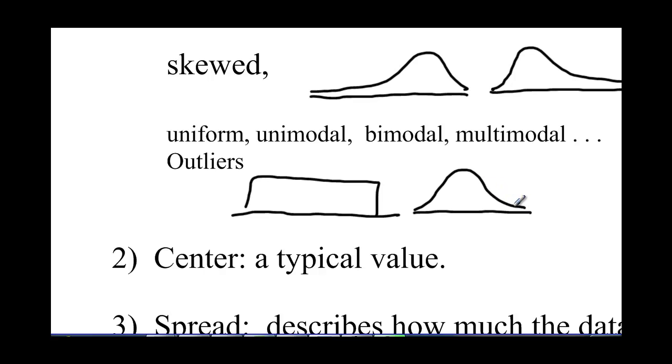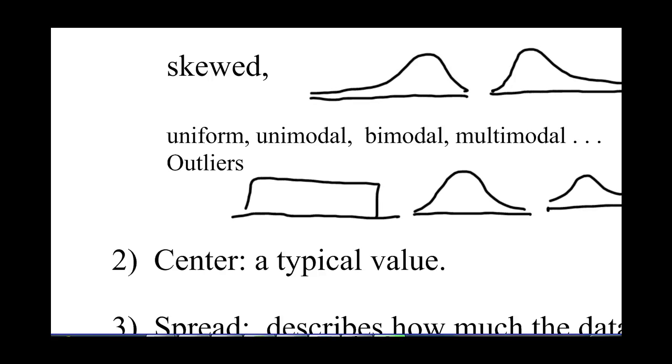So this is an example of unimodal. A mode would be the most frequently occurring value, and perhaps it is bimodal, so we would have two humps. So this would be a clear example of bimodal. You could also have many modes.